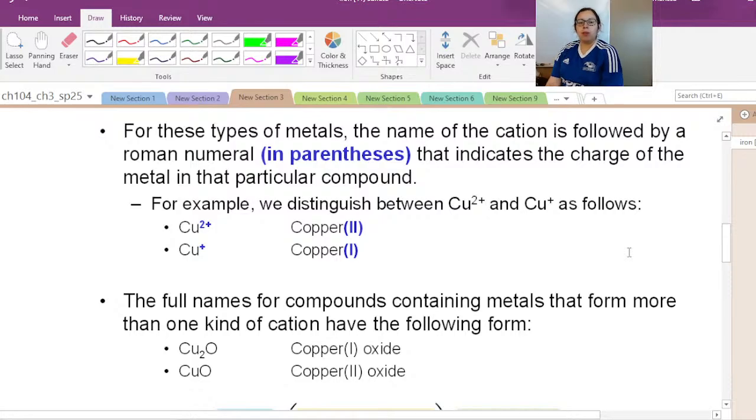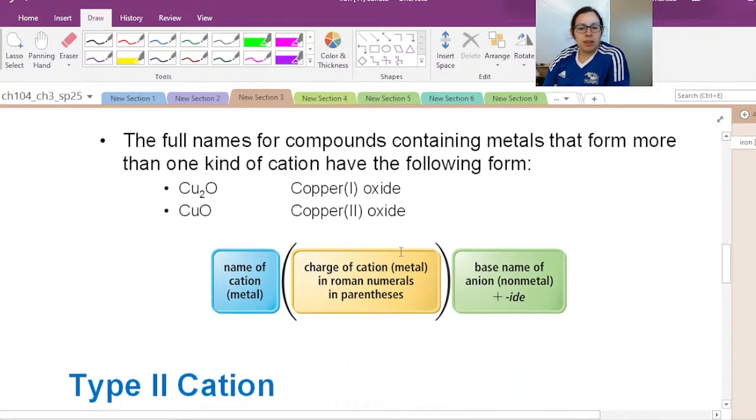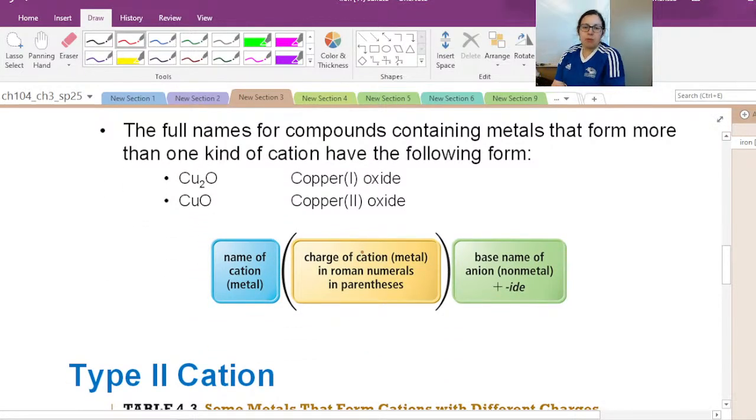And so again, we can use parentheses, makes it easier. So copper(II) means copper 2+, copper(I) means copper 1+. Again, different formulas, so now we can have copper(I) oxide versus copper(II) oxide with different formulas.